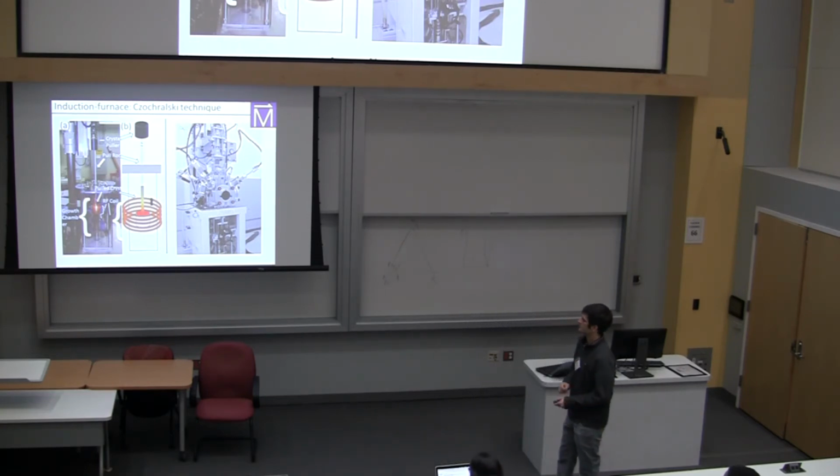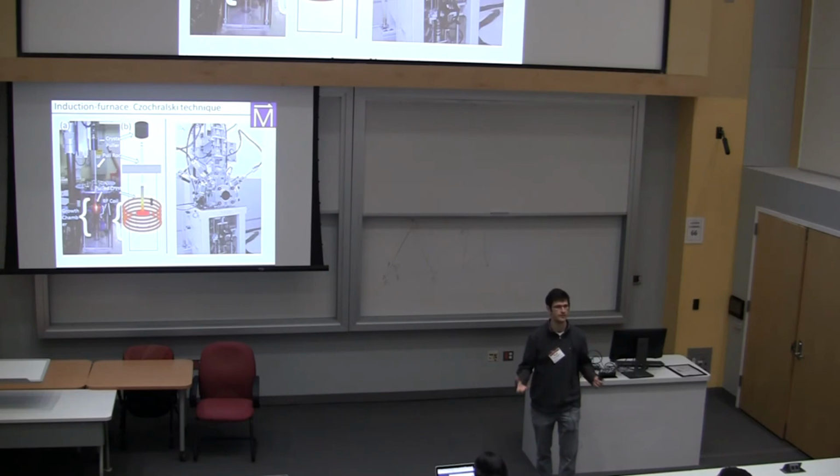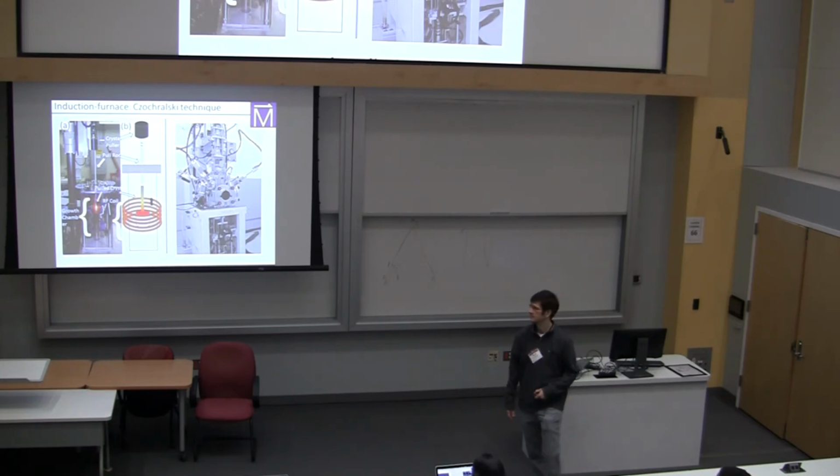The idea behind Czochralski growth is that you should make a puddle of liquid metal, right? And I don't care how you do it. You can use focused light, you can use an arc furnace, you can use an induction furnace, which I've shown here. I think most commercial apparatuses are like this, where you have sort of multiple arc stingers to heat your sample, but it doesn't really matter, okay?